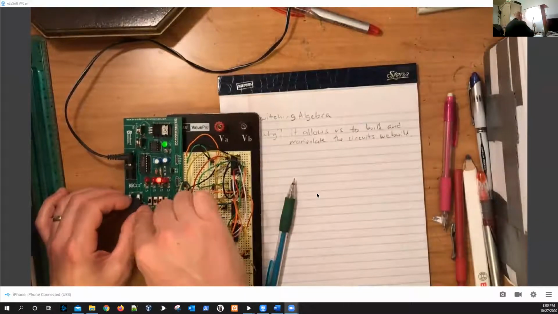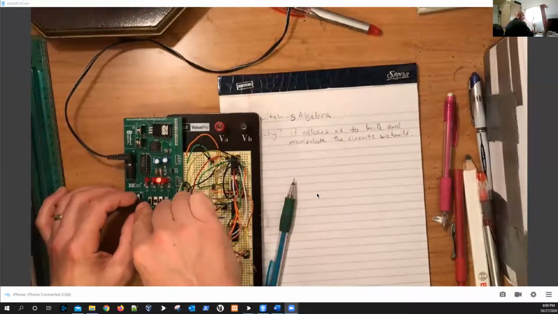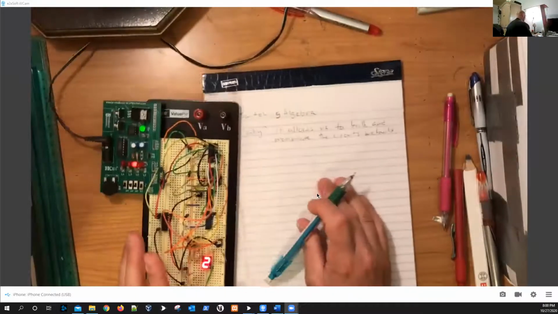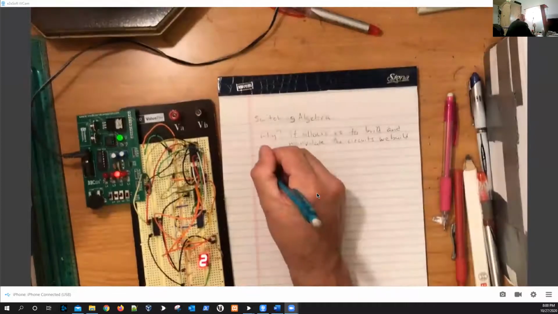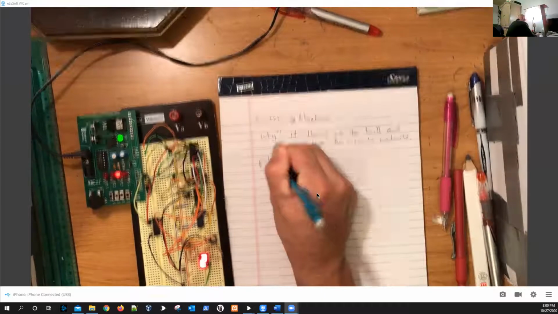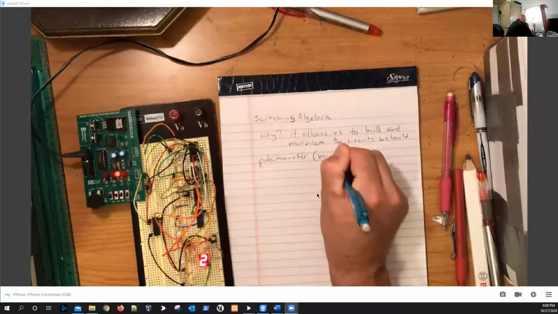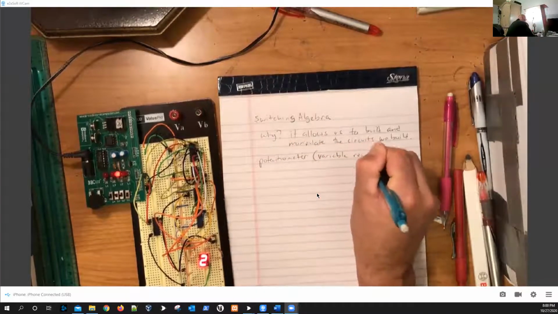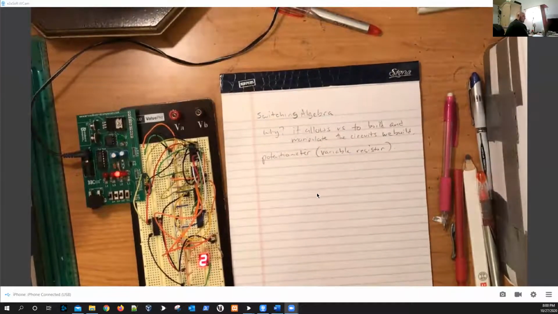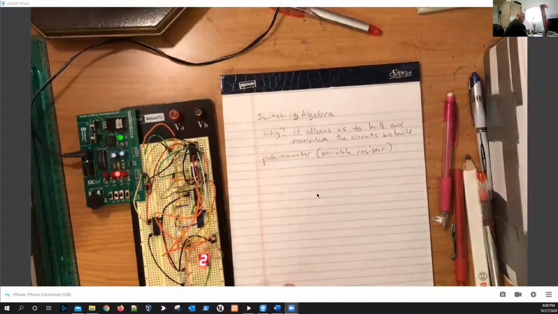And you can control the rate of blinking with this little device here, which is called a potentiometer or a variable resistor. Getting into how that works is more electrical engineering again, so we don't really talk about that a whole lot, but that's what it's called.